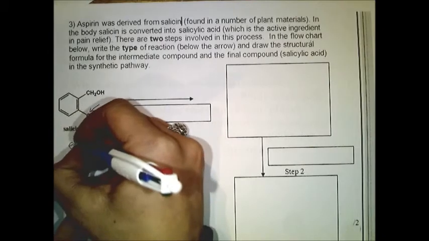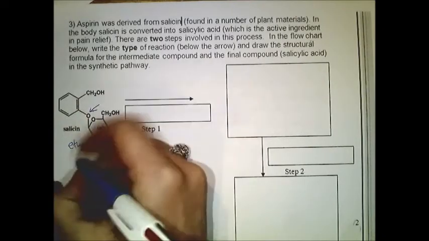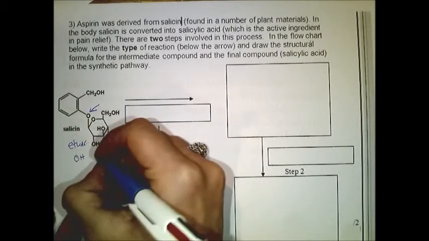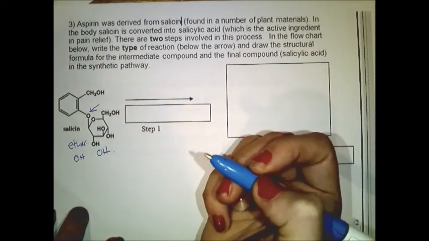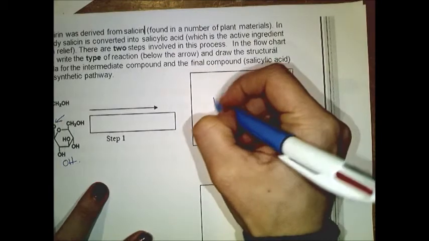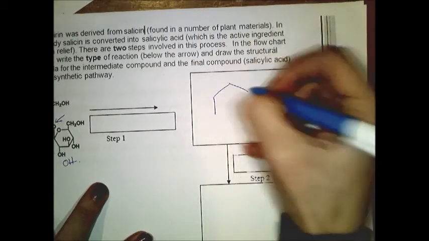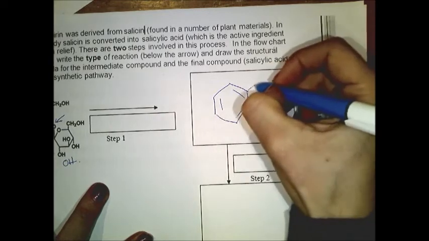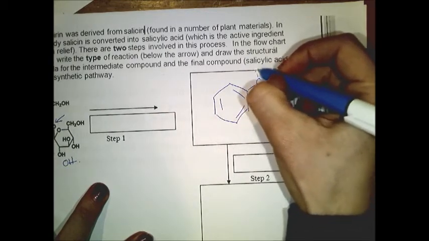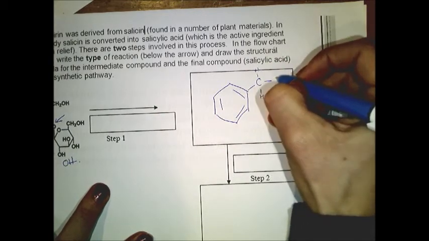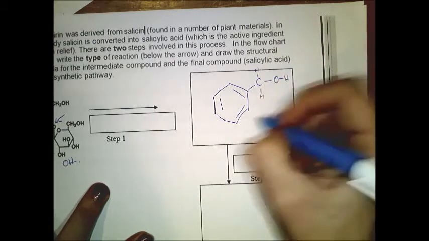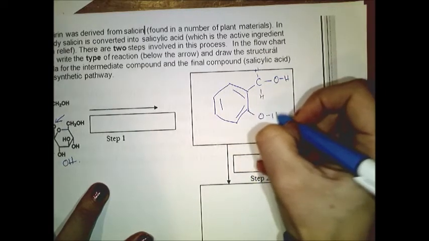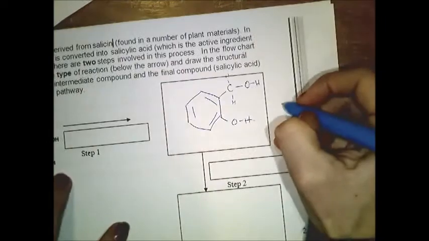Okay, so basically the first step, if you guys remember, is hydrolysis, where we get breaking of the ether linkage. The ether linkage is going to break down into 2 hydroxyl functional groups. So the product of the first reaction is like so. It's not salicylic acid yet because we have this hydroxyl group at the top, which is a carboxyl group in salicylic acid.